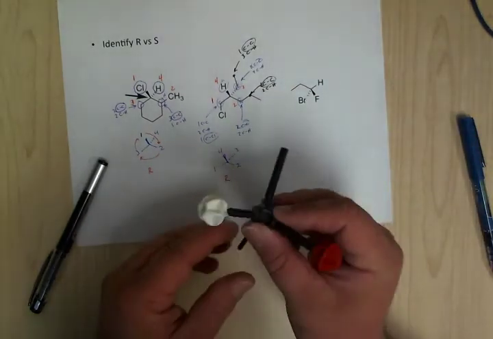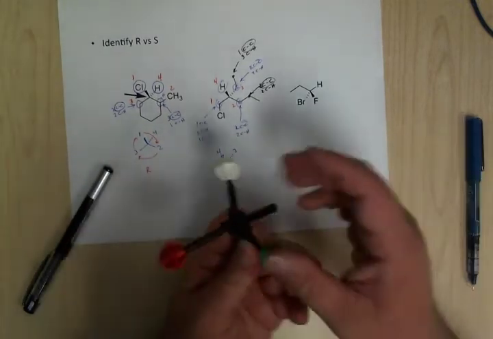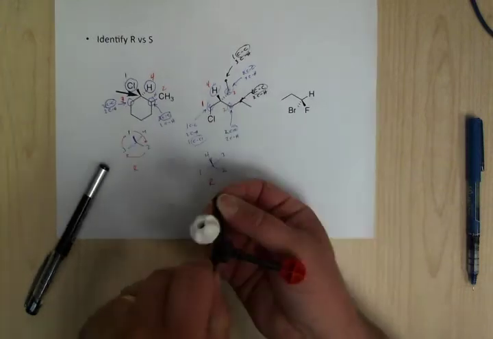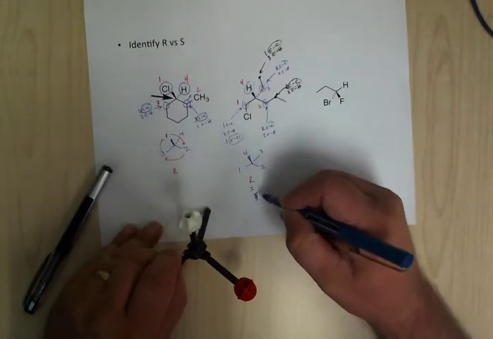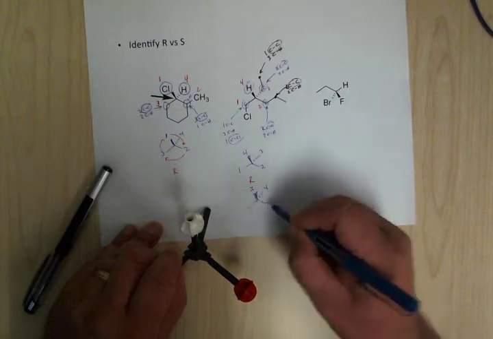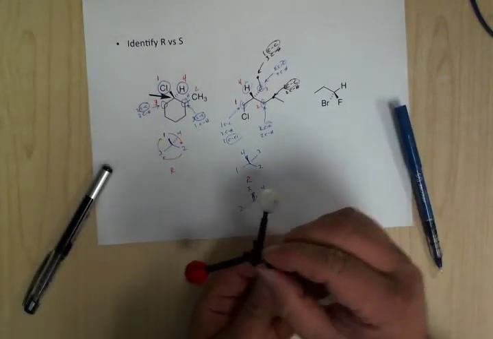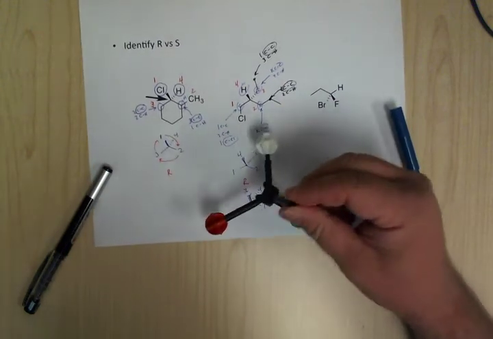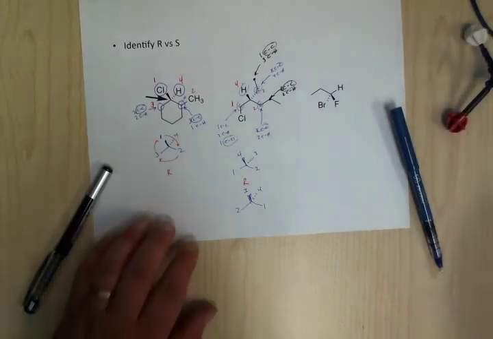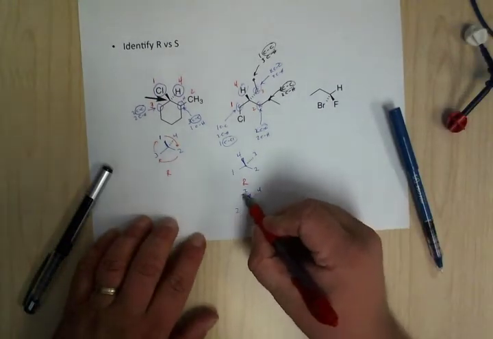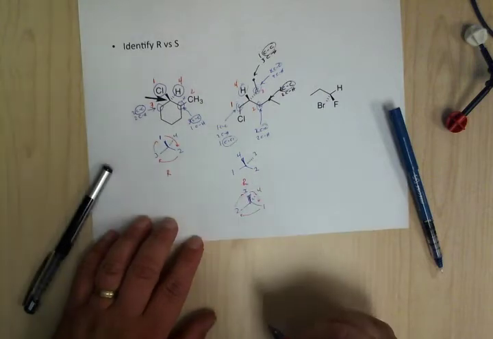If you rotate this back, the 3 comes forward, 4 is going behind, but these two guys switch places, 1, 2. They're switching sides. So now it's going clockwise with 4 going behind, so again, it's R.